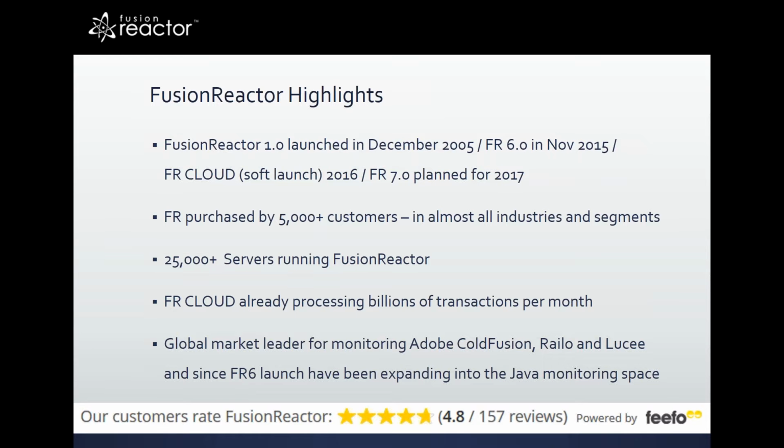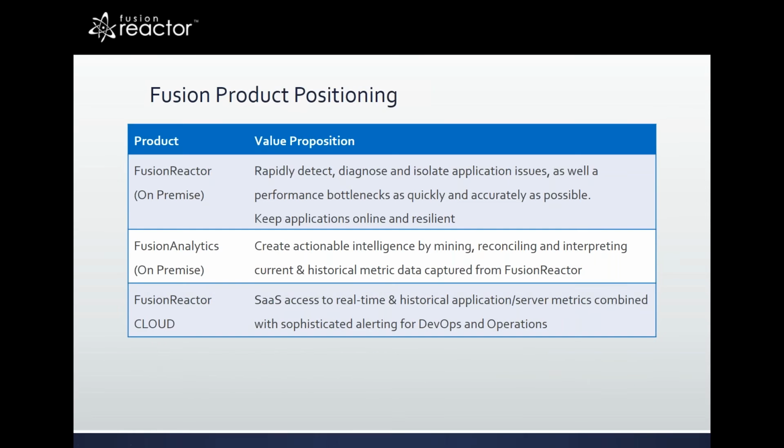So it's quite an interesting learning process going from a pure product company into a product and service company. We're the global market leader for monitoring Adobe ColdFusion, Railo, and Lucee. And since we launched with FusionReactor 6, we've actually been expanding further into the Java monitoring space. So that's also going pretty good.